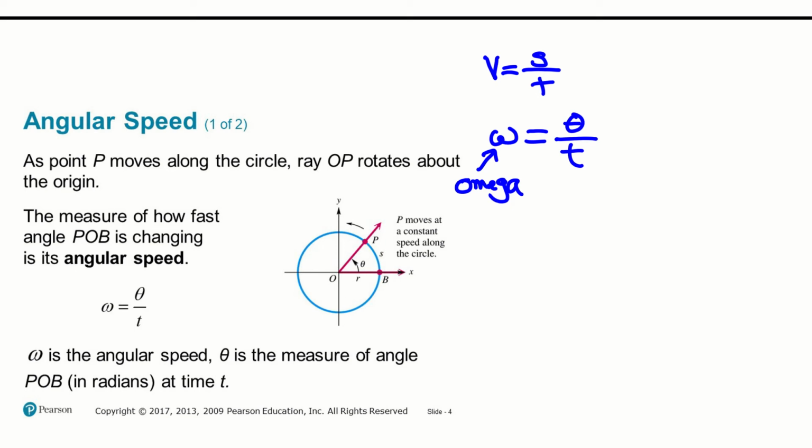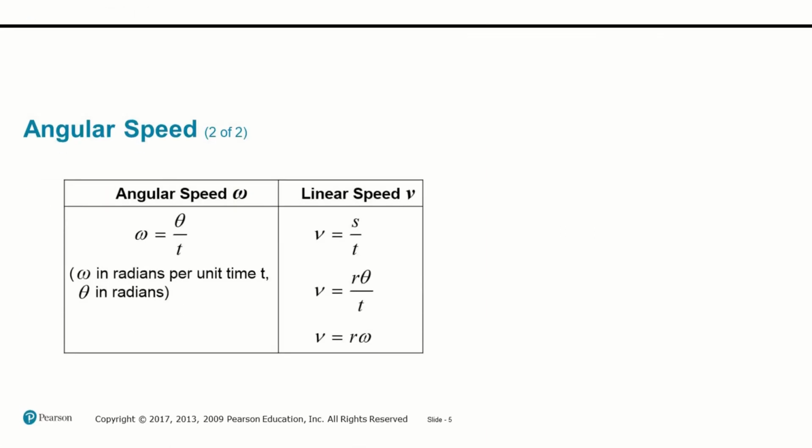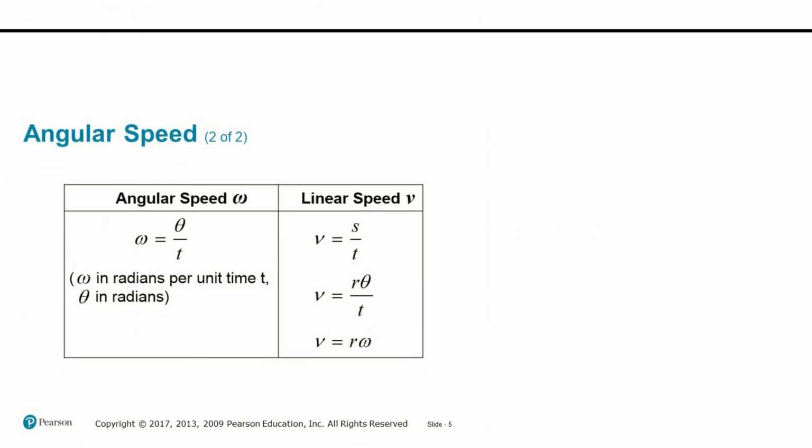Now, the two speeds, interestingly enough, are related. As we just mentioned, omega is theta over t, and V is S over T, or the arc length over T. But if you remember from our last lectures, S is nothing but R theta.